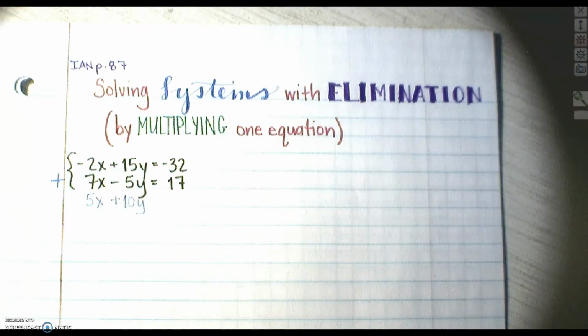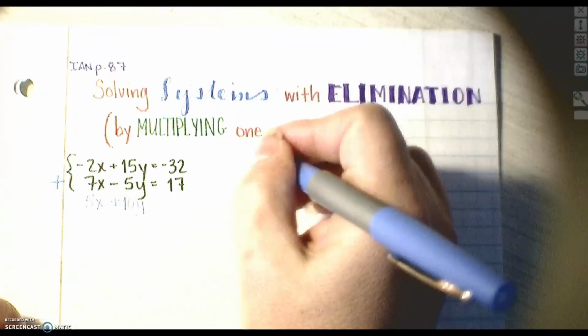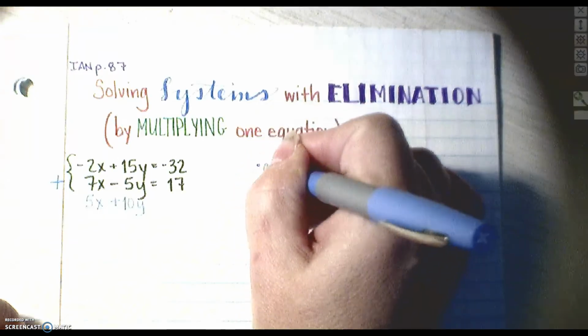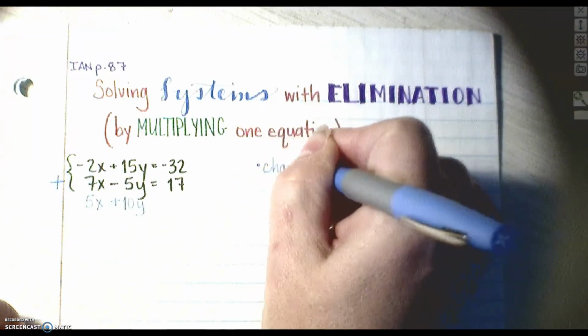So we need to think back to our Desmos activity from class. Because what we're going to need to do is change the numbers in the equation.